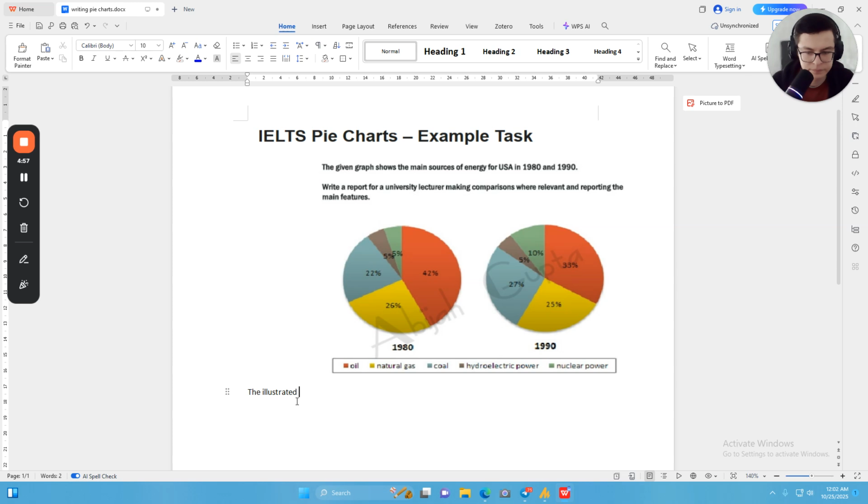Graphs present through comparison, or maybe through overview, let's say.